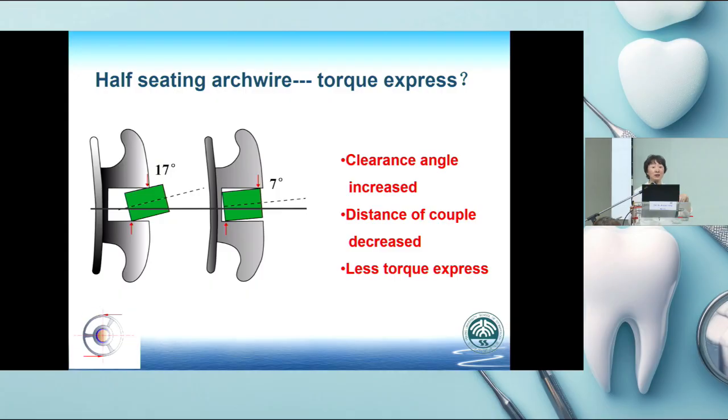For the lower anterior teeth, we want them to move back straight. We can use a smaller size arch wire, maybe 17 by 25, or even sometimes 16 by 25. That's how we control the third order torque, by changing the arch wire.